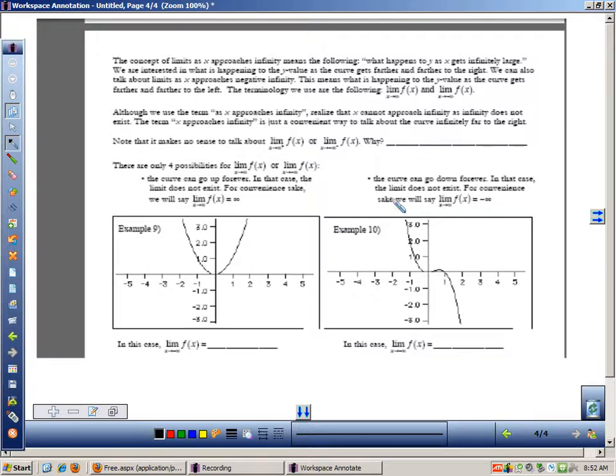So we write the limit as x approaches positive infinity, which means we're going further and further to the right, or as x approaches negative infinity, which means we're going further and further to the left. It doesn't really make any sense to talk about approaching infinity from the right or from the left, because approaching from the right or left means we can get on the right-hand side or the left-hand side of infinity and come at it from 2 directions.